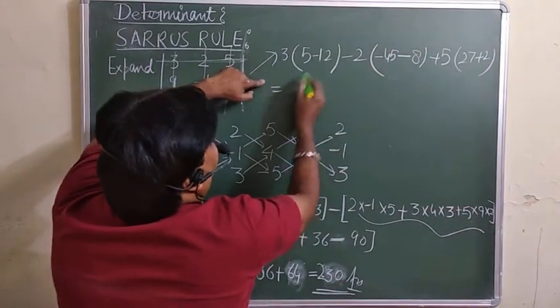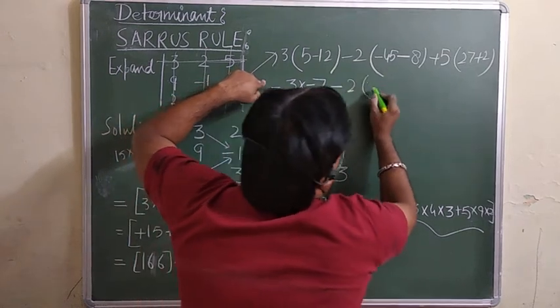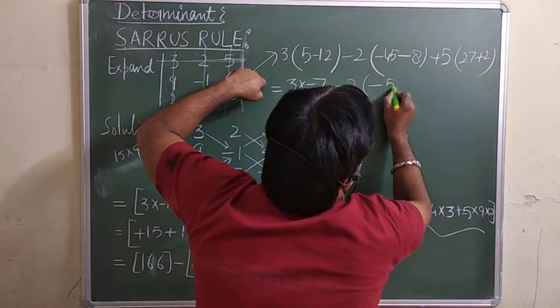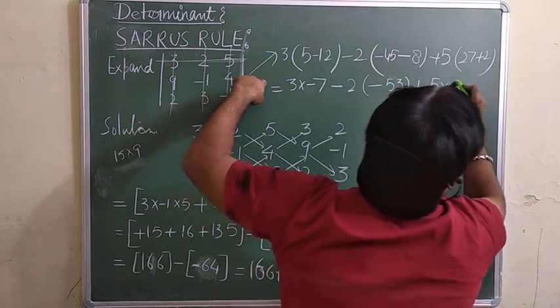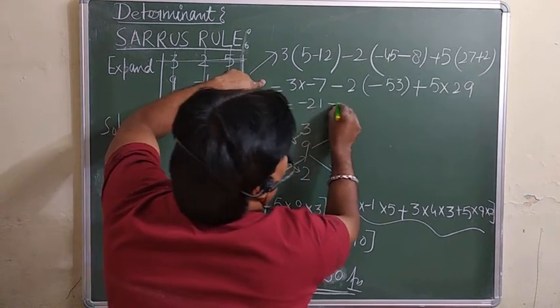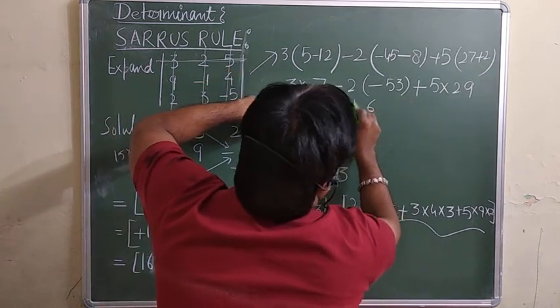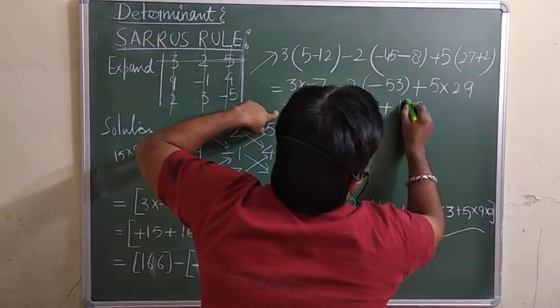So here you will get what? 3 into minus 7 minus 2. Here you will get minus 53 plus 5 into 29 is here. So you will get minus 21 plus 6, 106 plus 145.